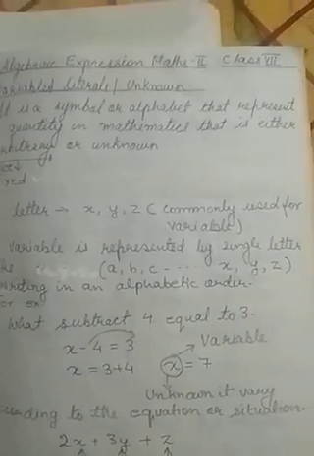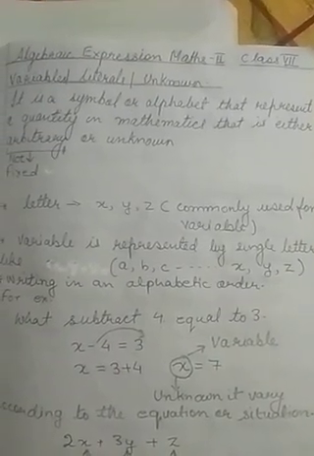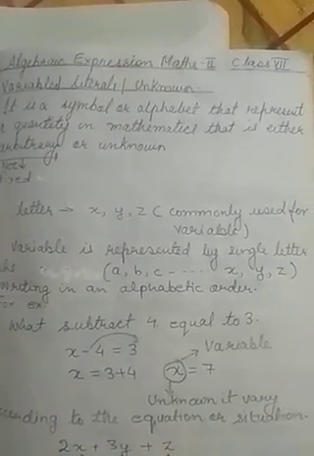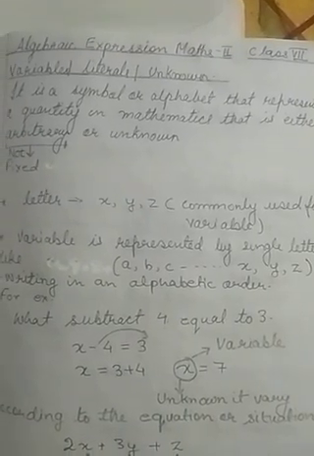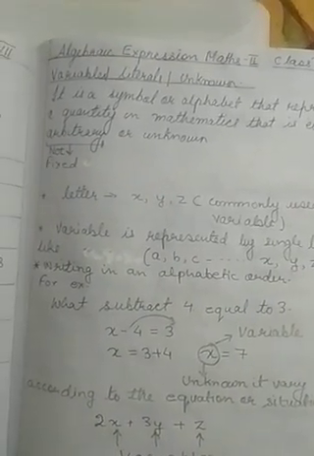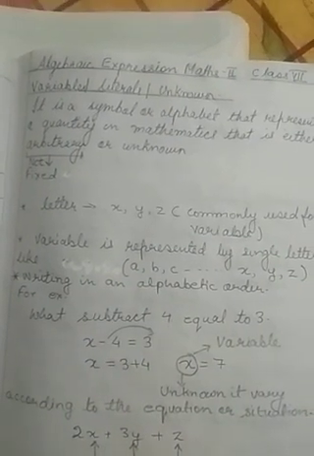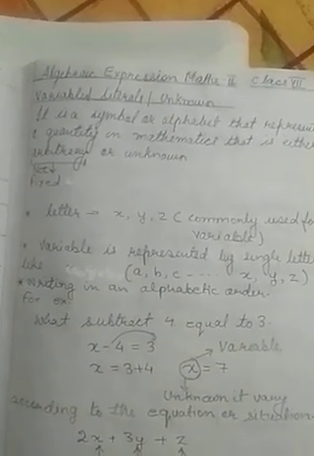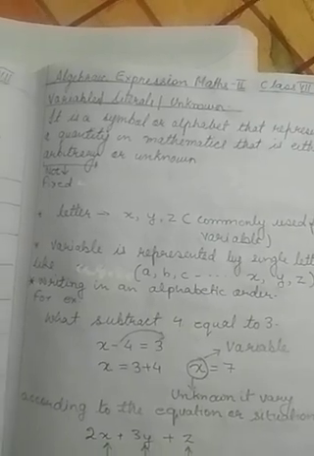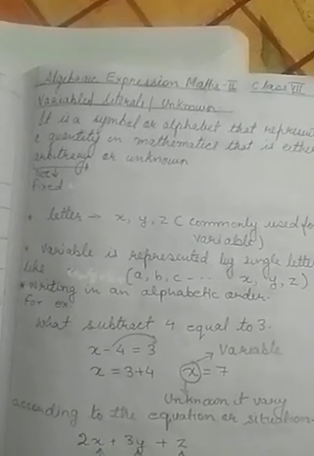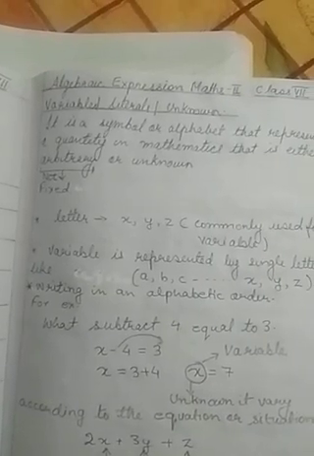Now here x is unknown and it is also a variable. So here unknown, it varies according to the equation or situation. Now how it can vary? For example, the same part if I take and if I change the numbers here, what subtract 8 equals to 3.